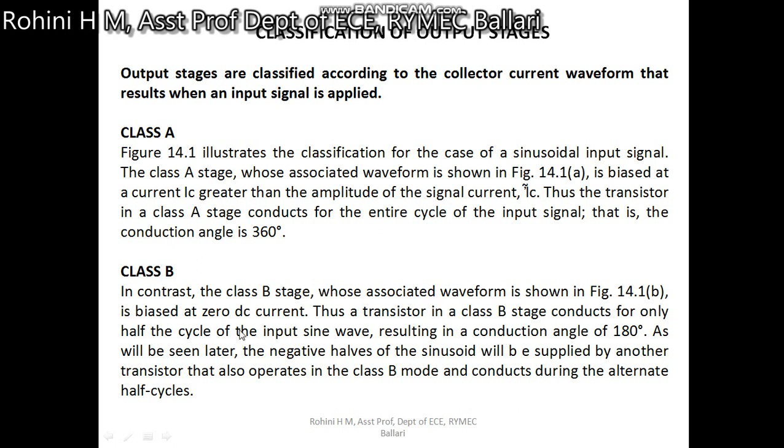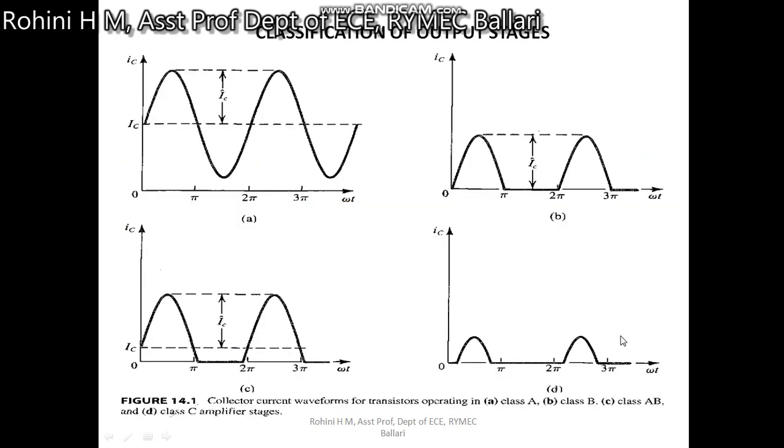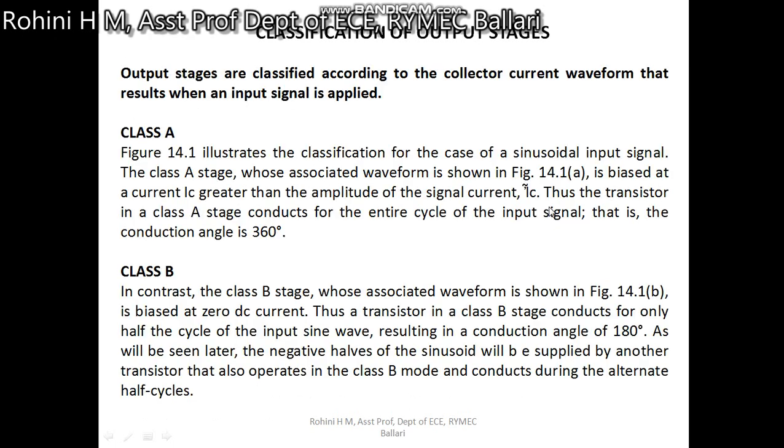So it conducts for only half cycle of the input sine wave, resulting in the conduction angle of only 180 degree. So here the DC bias current is 0. You can see the waveform as shown here, that is in figure B.